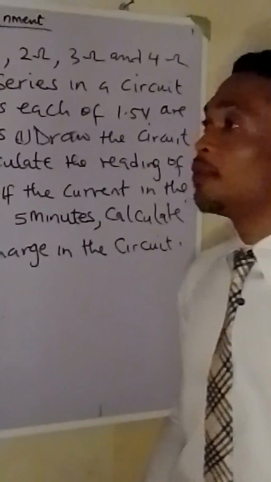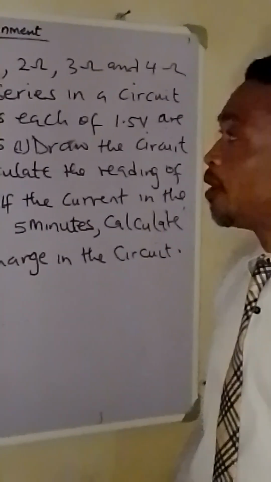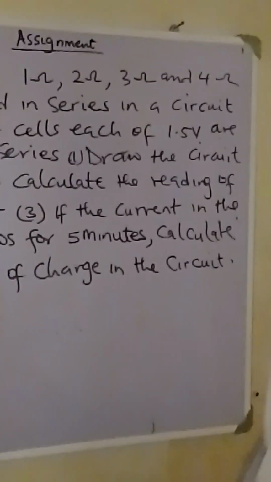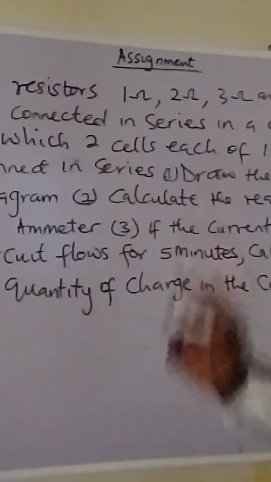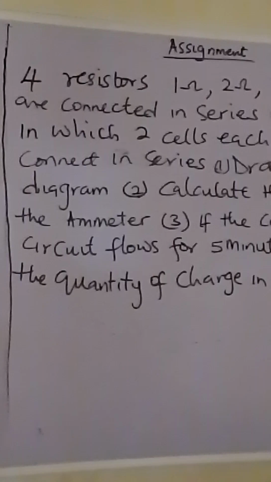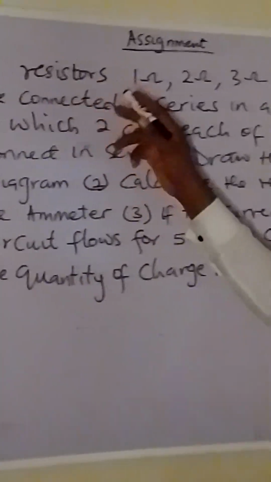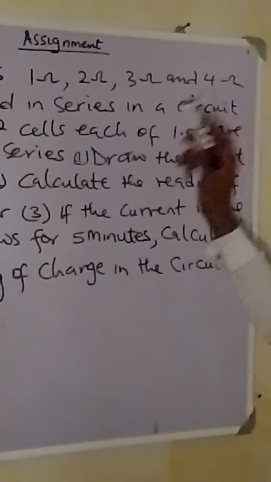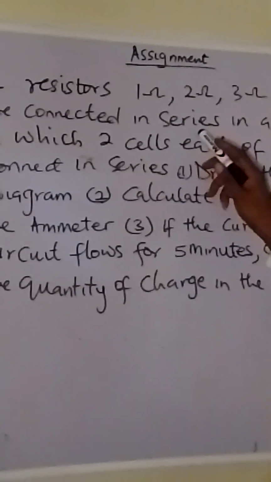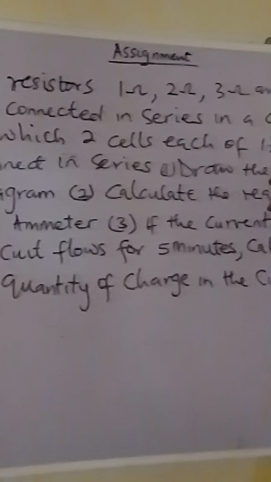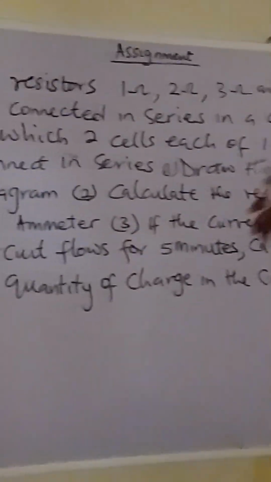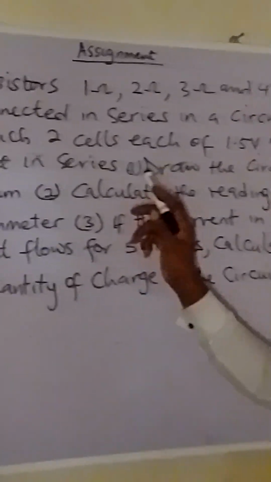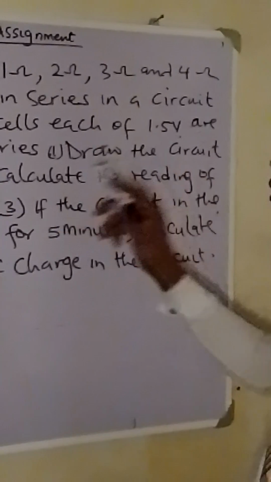Okay, having solved the previous question and gotten the answers, I have an assignment for you, and it reads: 4 resistors, 1 ohm, 2 ohm, 3 ohm, and 4 ohms are connected in series in a circuit in which 2 cells, each of 1.5 volts, are connected in series. First question is, draw the circuit diagram.